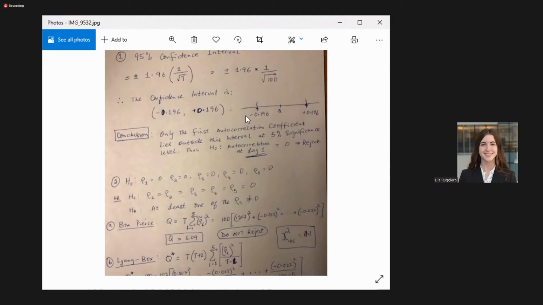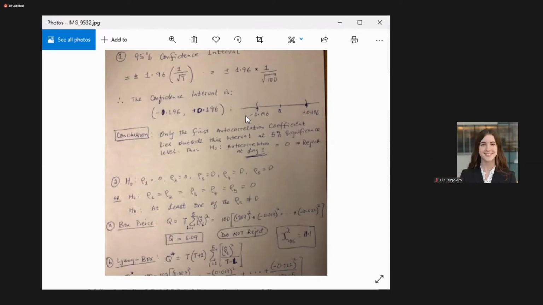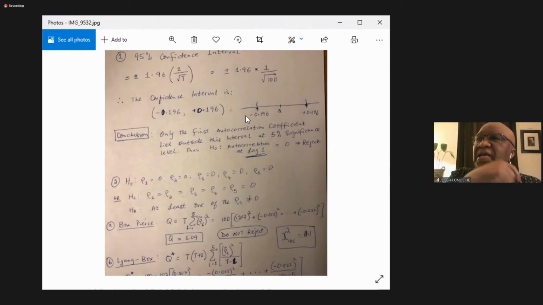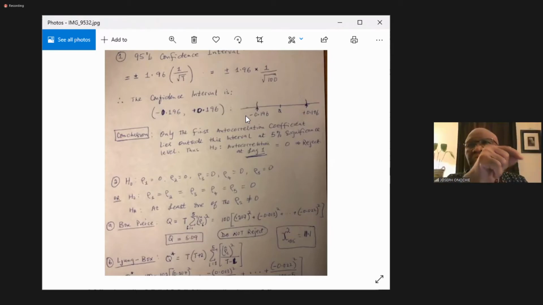Yes. So would you reject the null hypothesis of 0 or not reject the null hypothesis of 0? Our null hypothesis is that each autocorrelation is 0. That's the null. Well, the first lag. So for the first one, what's your conclusion?